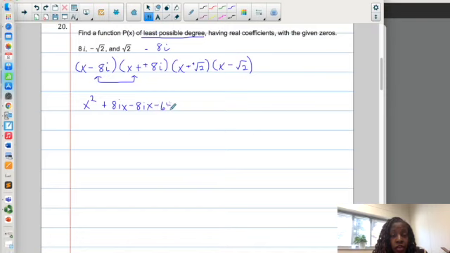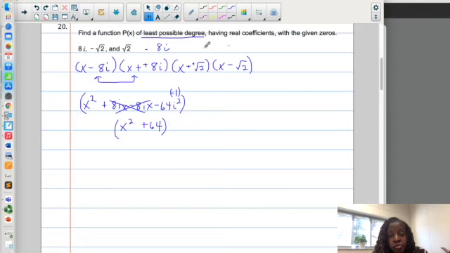Remember what i squared equals. It equals negative 1. So the middle terms are gone, and negative 1 times negative 64 makes a positive 64. So we've got x squared plus 64. Easy peasy lemon squeezy, I hope.